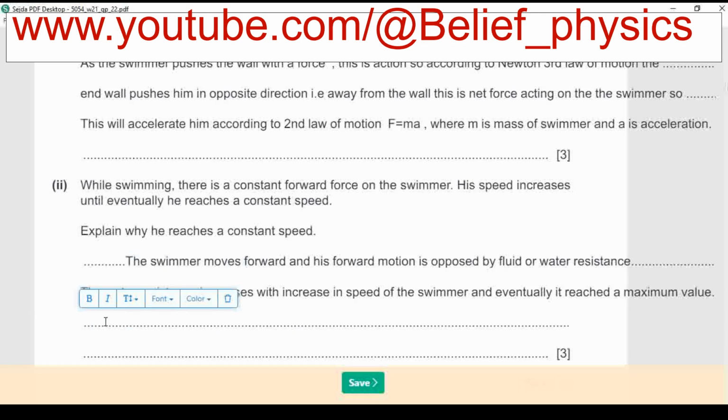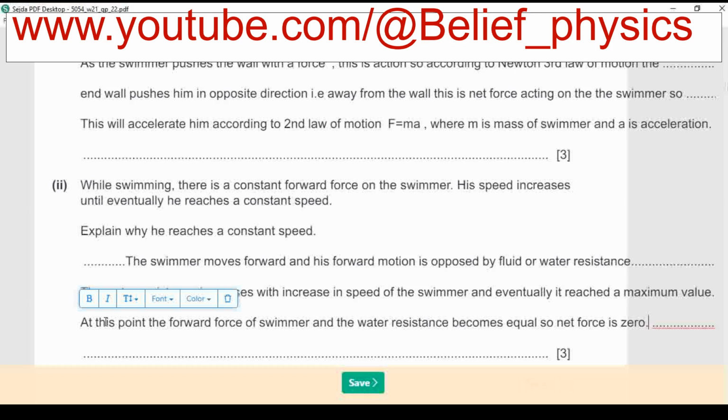So at this point the forward force of the swimmer and the water resistance become equal. So the net force is 0.